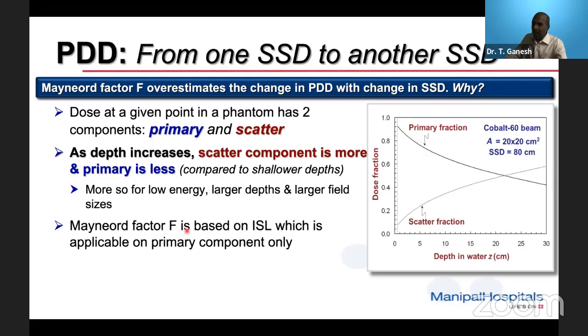The Maynard factor F is based on inverse square law, which is applicable on primary component only, right? Inverse square law is applicable only for the primary component.